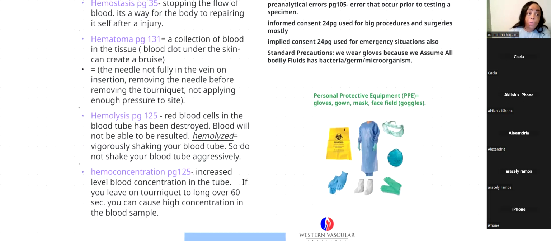So if it tells you, if you vigorously shake your tube, your blood sample will be in jeopardy of not being resulted because of what? They'll have all four of these as an example: hemostasis, hemolysis, hematoma, hemoconcentration. They'll have that on purpose because you know it's an H word, but now you're trying to figure out which one is the one where you vigorously shake the tube.